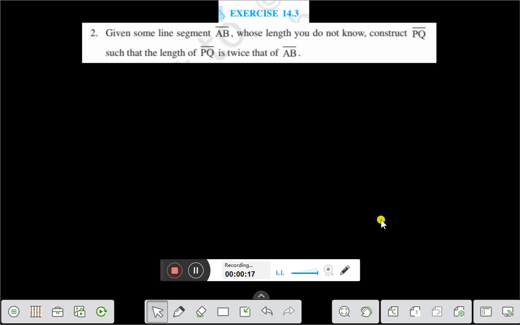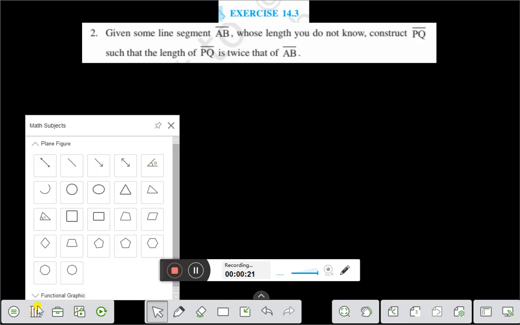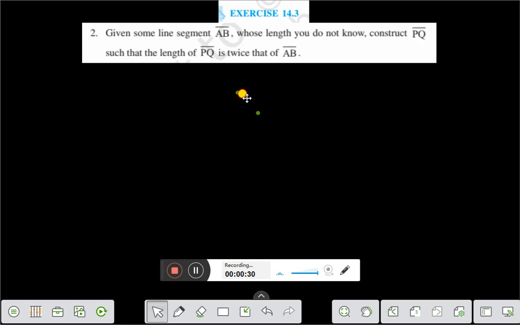First of all, we draw a line segment AB. Let us draw a line segment AB first.